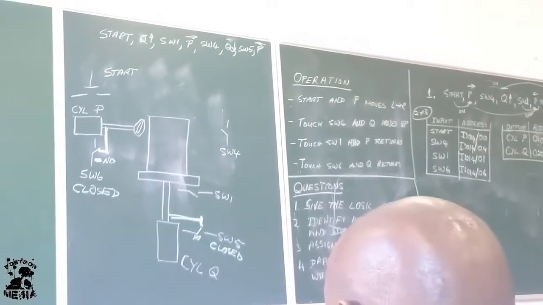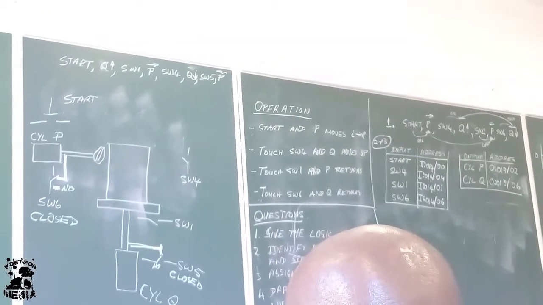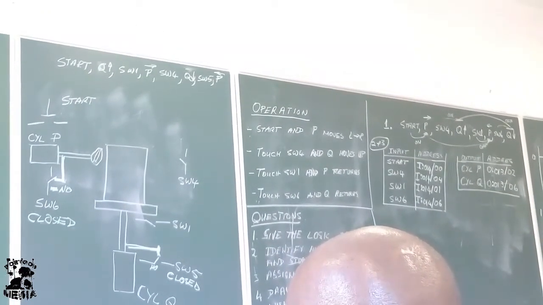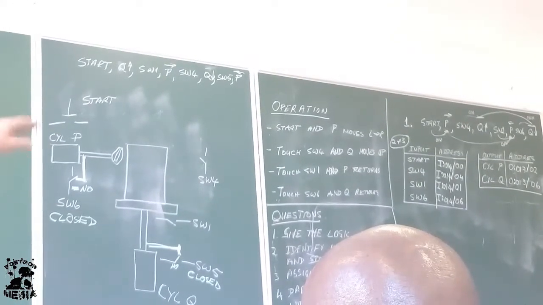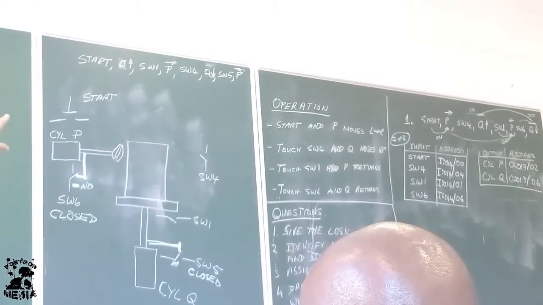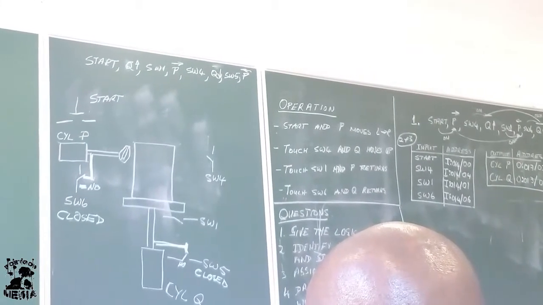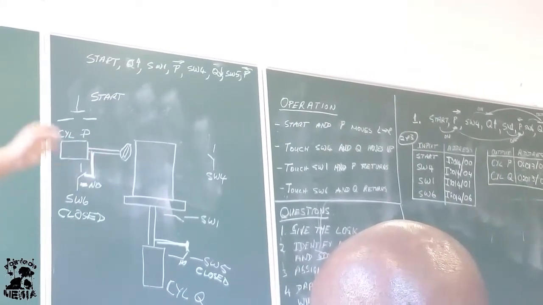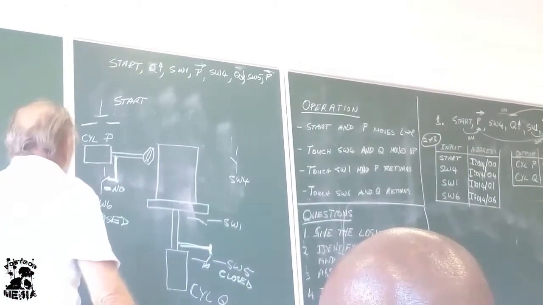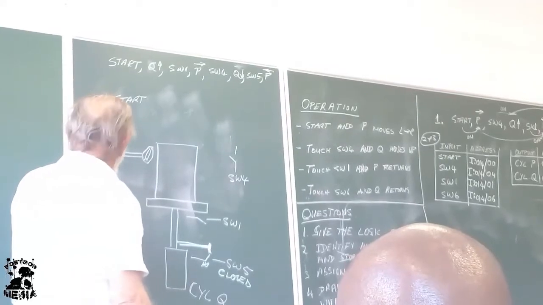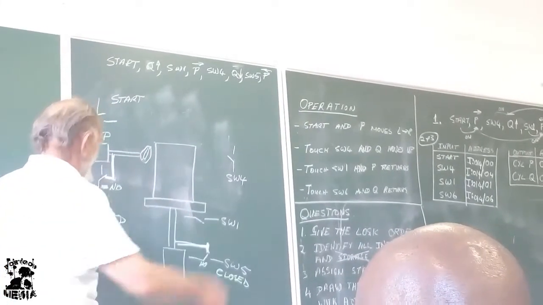So now in this case, which switch is not there? Switch 6 is not there. So that list of the inputs will be start button, switch 1, switch 4, switch 5. The outputs will still be P and Q, but there's something I left out. Switch 6 is close to the beginning, it's not there.